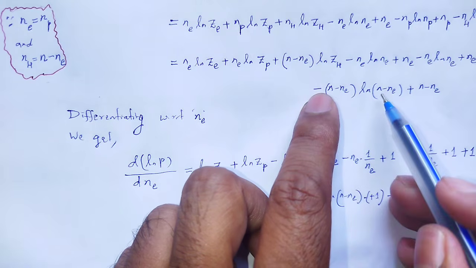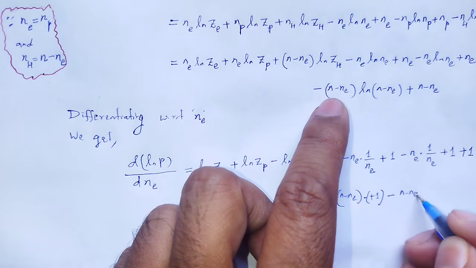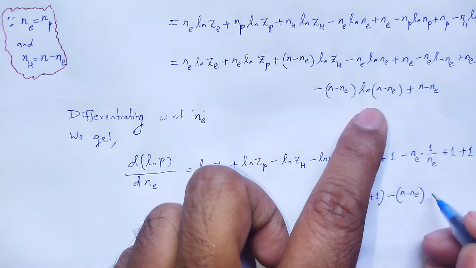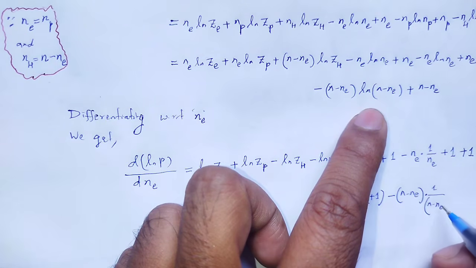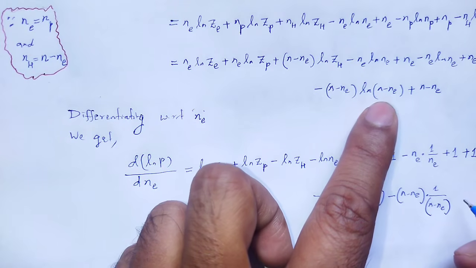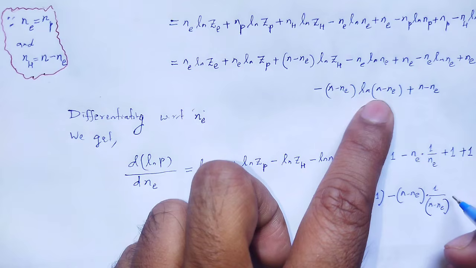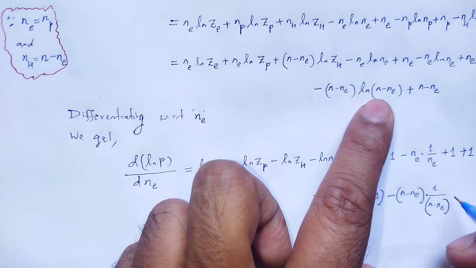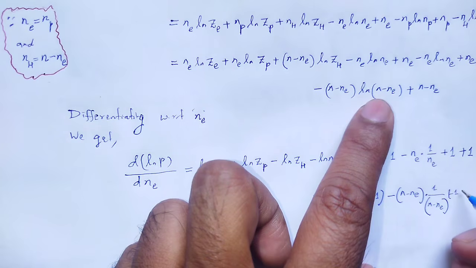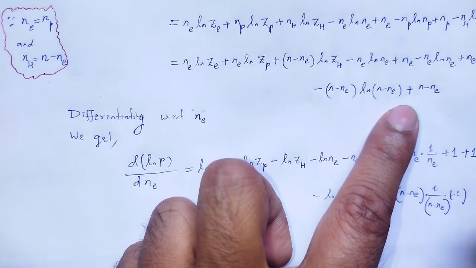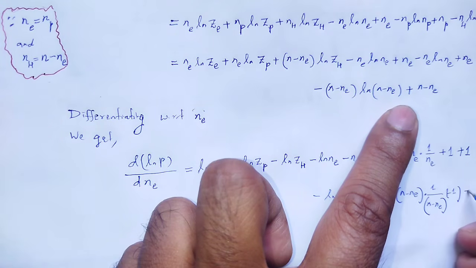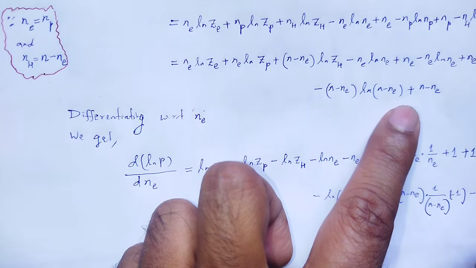Minus differentiation of second term, first term as constant, N minus N_e, differentiation of that term 1 divided by N minus N_e, minus 1. Last term N minus N_e as minus 1.